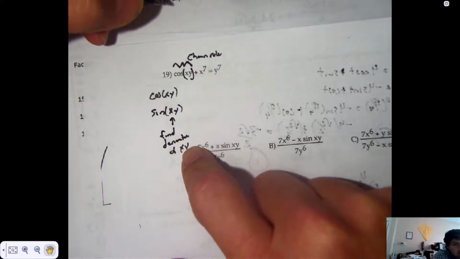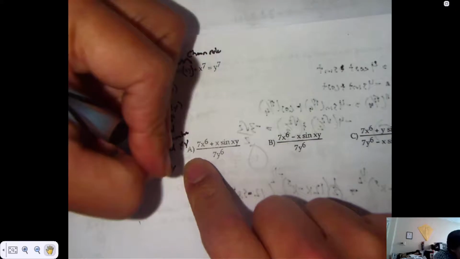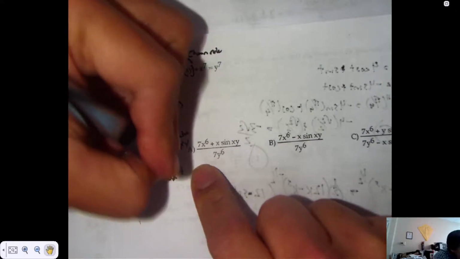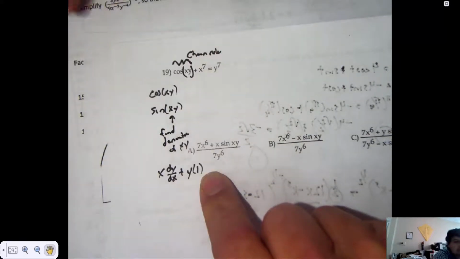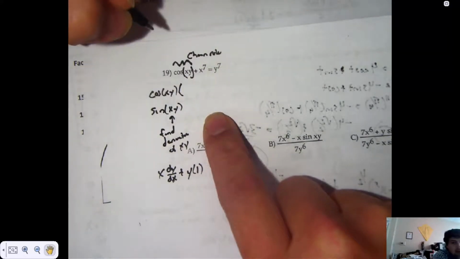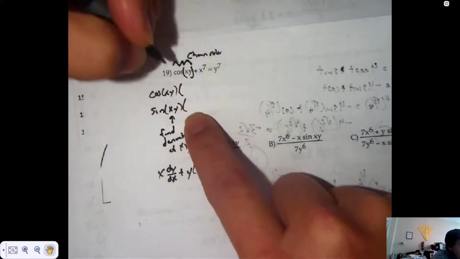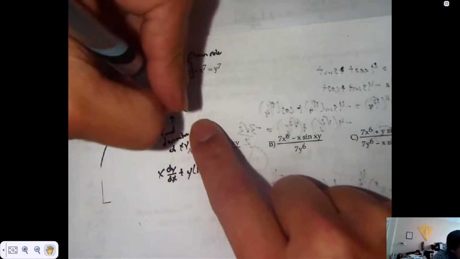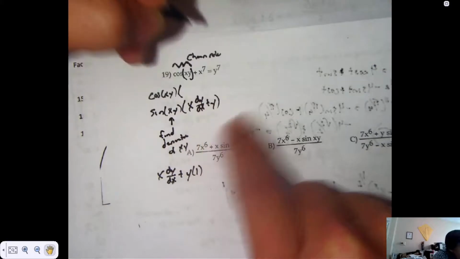And believe it or not, that's the product rule. It's going to be x dy dx plus y times 1. And that is actually getting multiplied on, so I've got to put it in the right spot. It goes right there. x dy dx plus y.